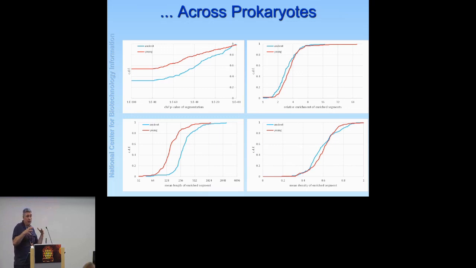So the high density regions have 2, 3, 4 times as many ancient genes, for example, than depleted regions. The mean length of segments has a remarkably narrow distribution.